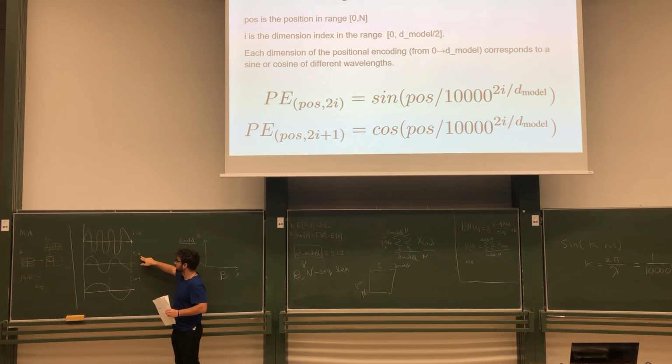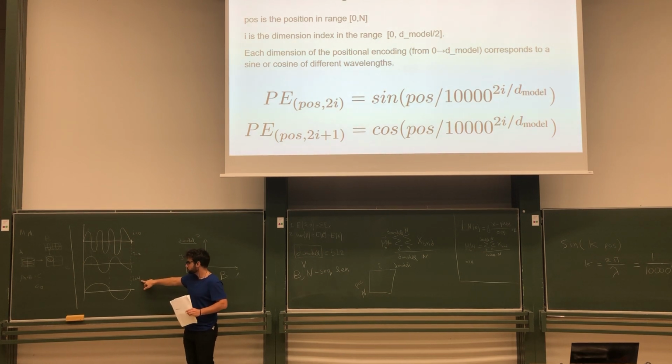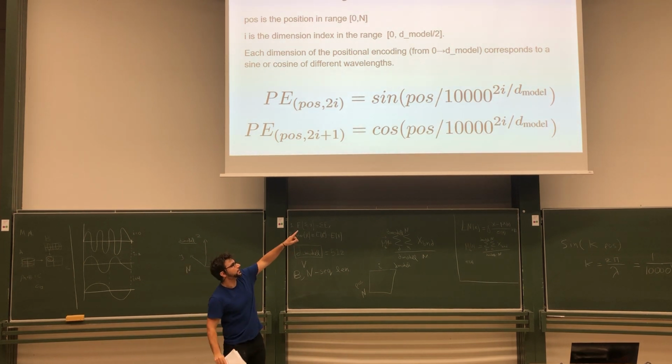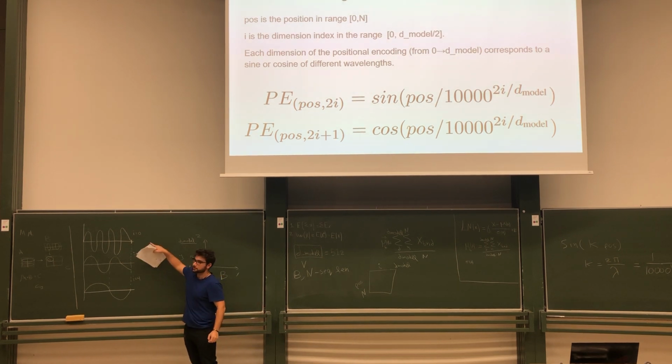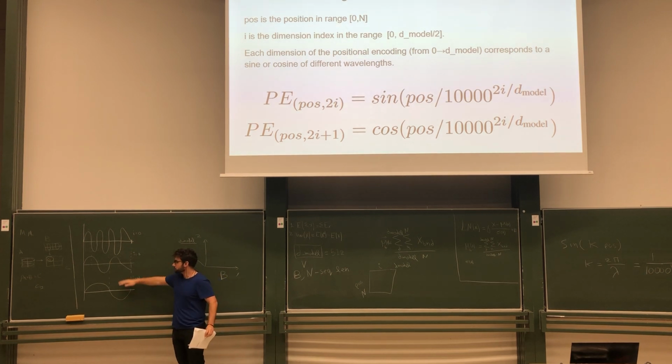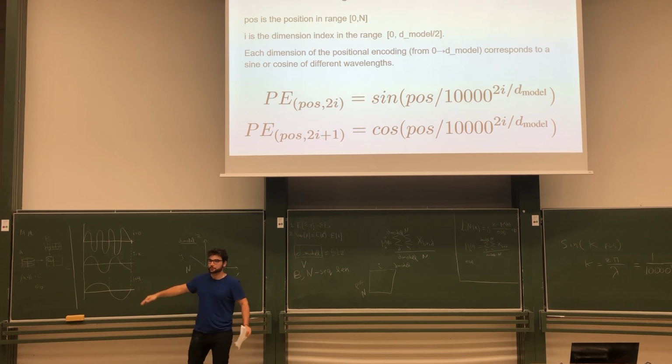Here the wavelength is shown to be 2 times the previous one, but in practice it's 4 times, because they didn't have a lot of space to draw. And then for I equals 4, because it's 2 times I, this is like 8 times the initial, let's say. But the concept is exactly what you said, that the wavelength is increased.